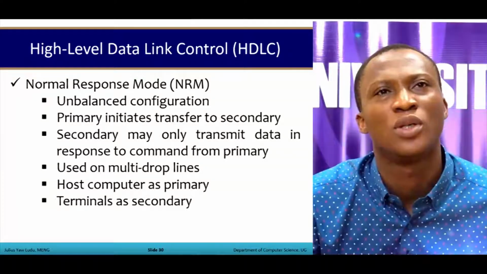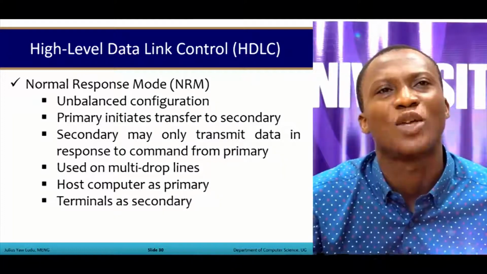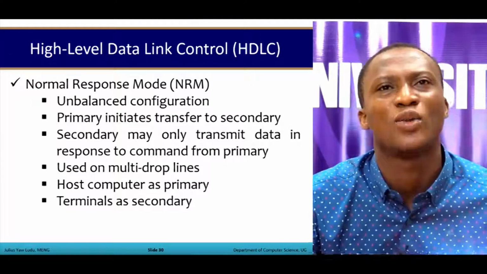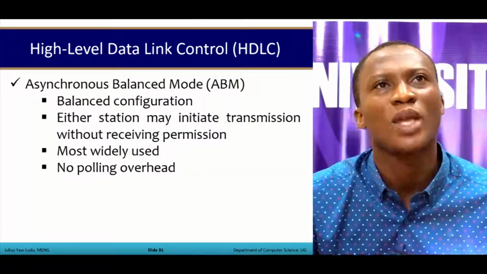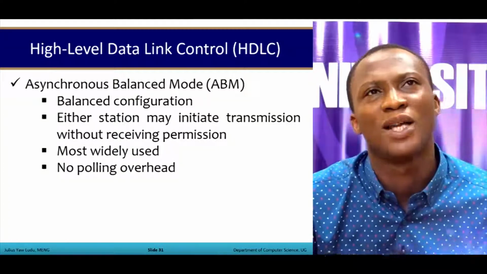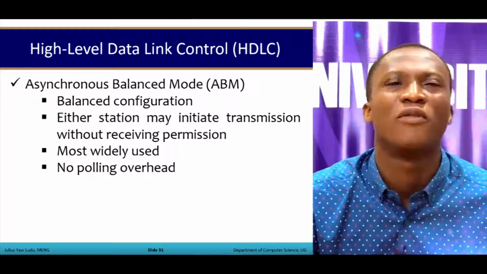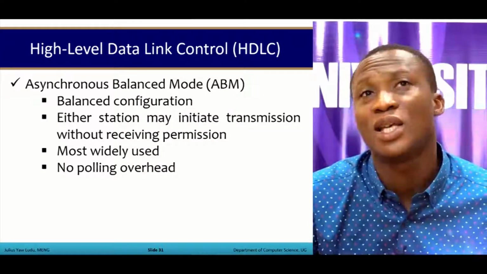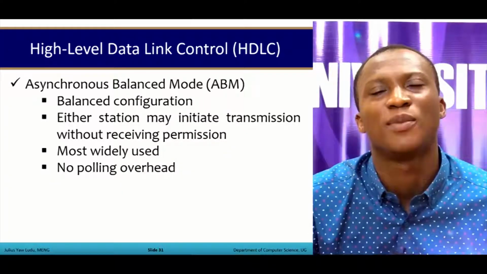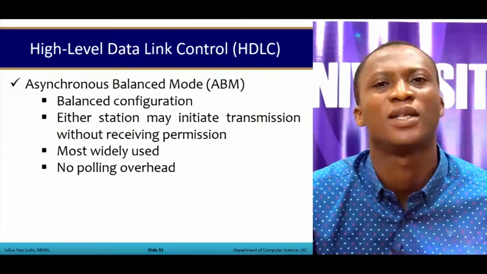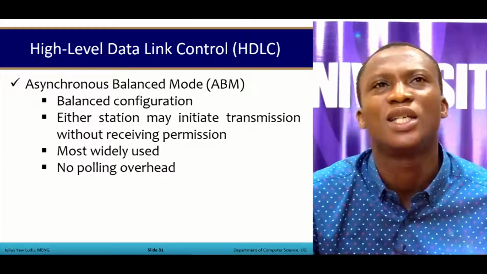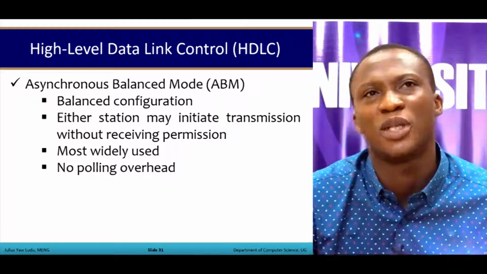Multi-drop lines are used, the host computers are used as the primary, and the terminals are used as the secondary. Then we have the asynchronous balanced mode, and here it makes use of the balanced configuration. Either station may initiate transmission. I mean, either the primary or the secondary station can initiate transmission without receiving permission.